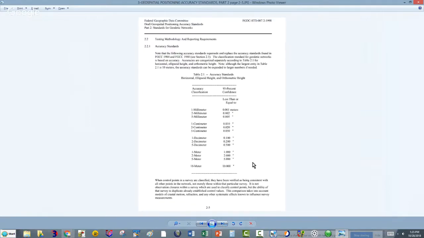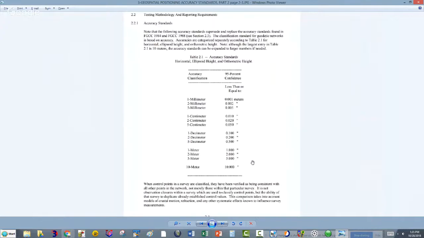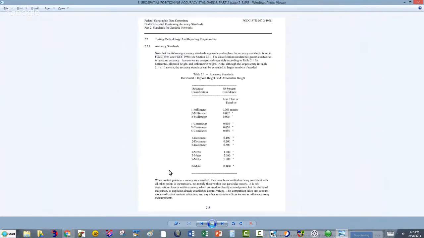Here's page 2-3, where the work is described positionally in terms of its accuracy, and you can specify a horizontal accuracy and a vertical accuracy. You can specify them to be both 1 centimeter, for example, or you could say the work that we're going to do on this project needs to achieve a 2 centimeter horizontal accuracy standard and a 2 millimeter vertical accuracy standard.